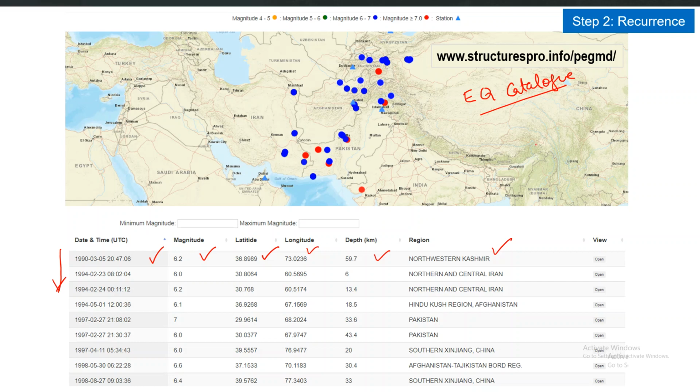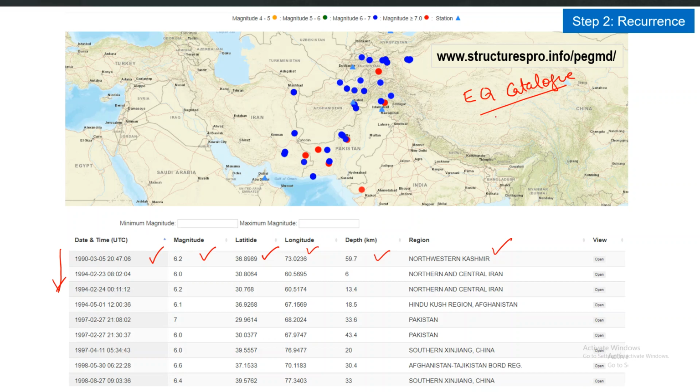A similar comprehensive database of all historical earthquakes should be developed at this stage, and that will be used to model the seismic sources, or in fact to construct the magnitude recurrence relationship for each of the seismic sources in your study area.